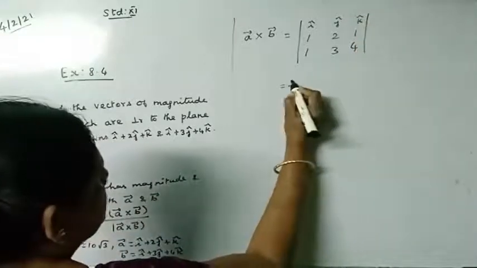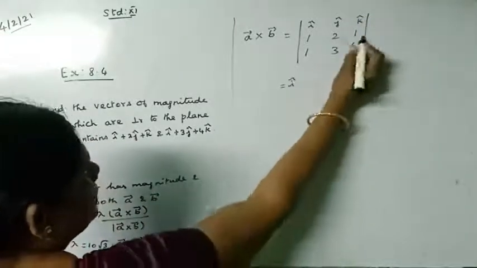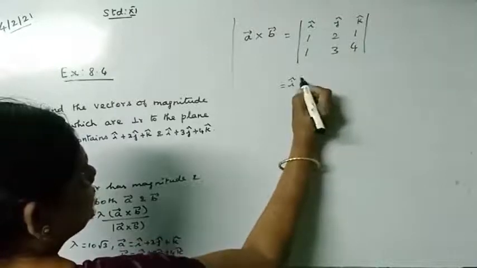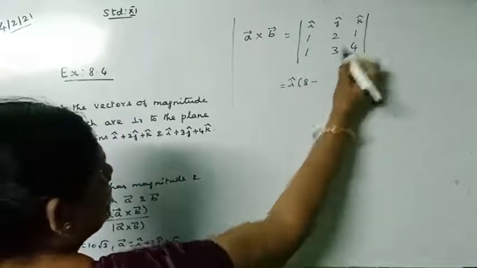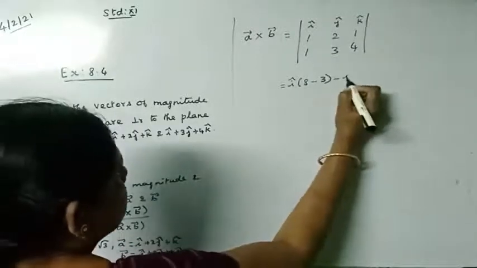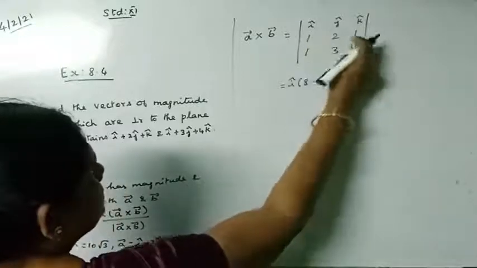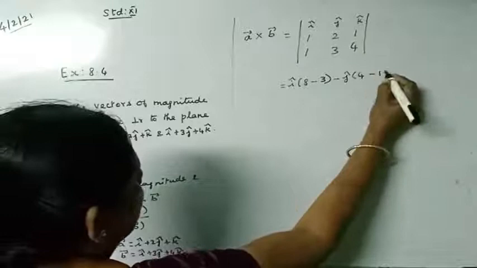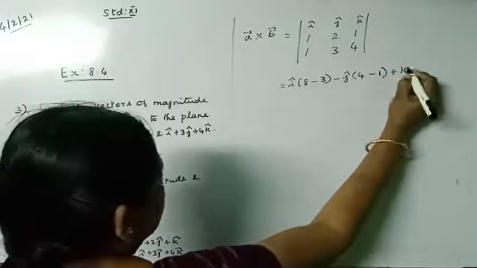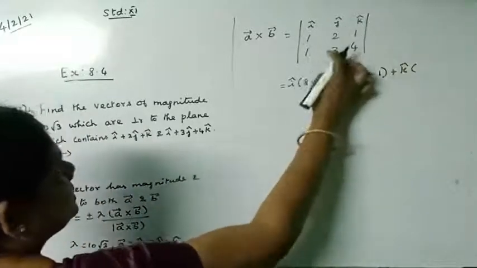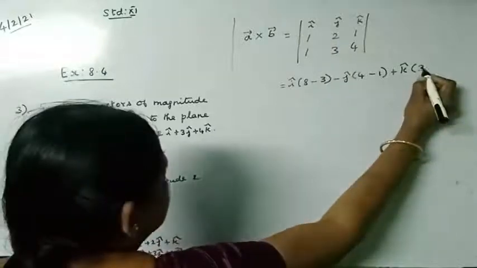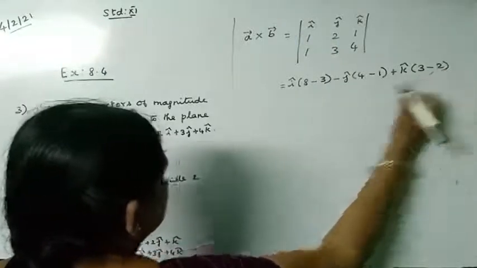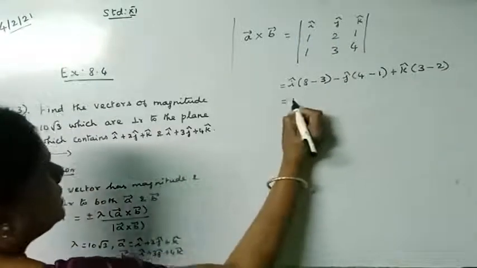So which is equal to i cap of, take this minor and solve, 2 4s are 8 minus 3 1 is 3, minus j cap of, take these 4 numbers, 1 4 is 4 minus 1 1 is 1, plus k cap of, take these 4 numbers, 1 3 is 3 minus 1 2 is 2.